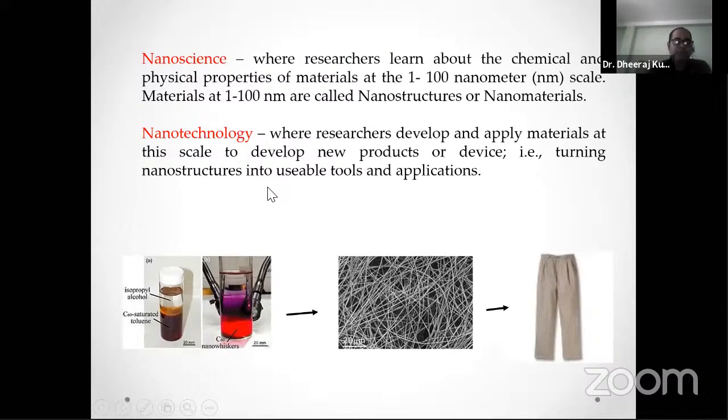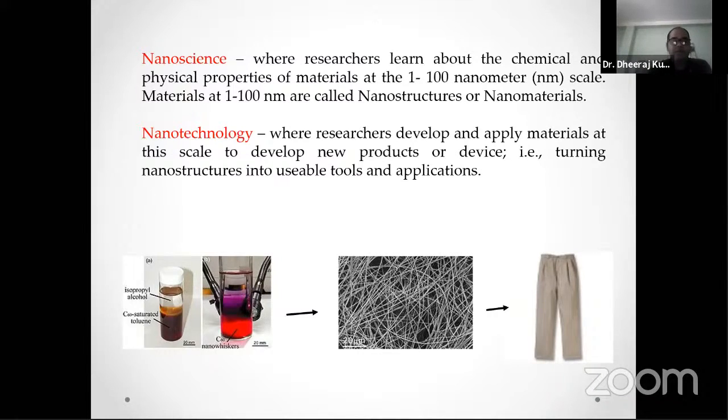In the present scenario, there are 2 famous words, nanoscience and nanotechnology. In nanoscience, researchers explore the chemical and physical properties of materials up to 100 nanometers. Materials whose size, or at least one of whose dimensions, lies inside the nanoscale range are considered nanomaterials or nanostructures.